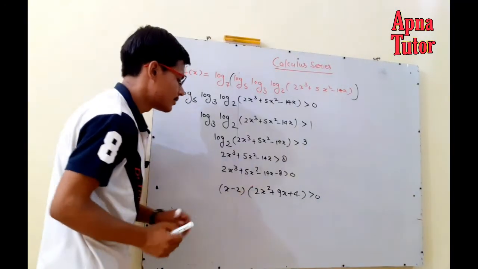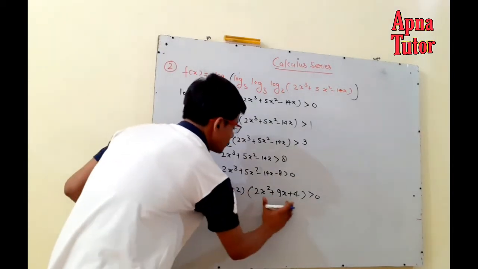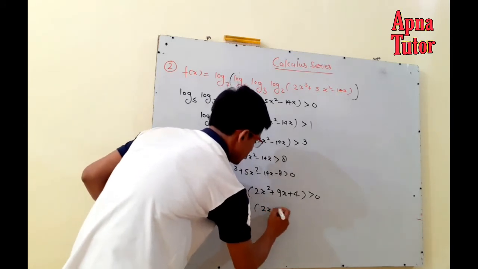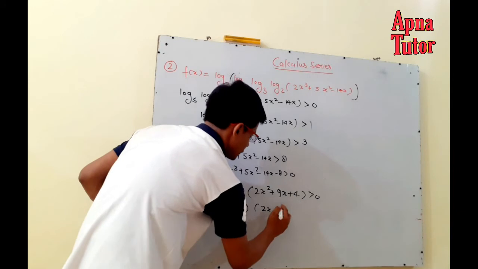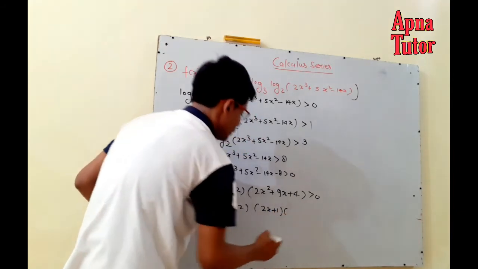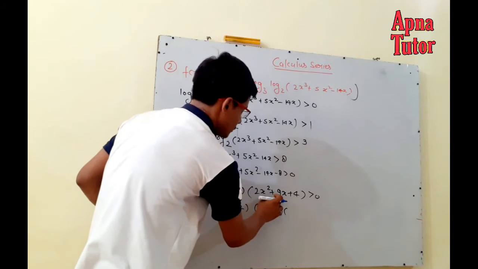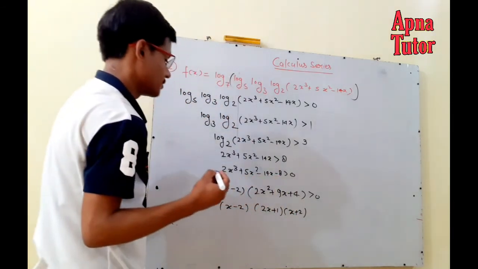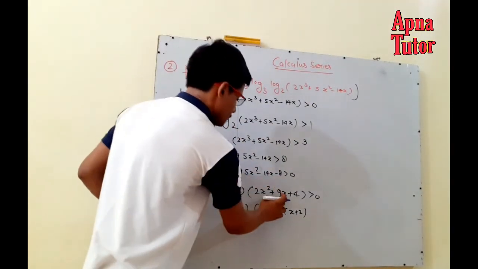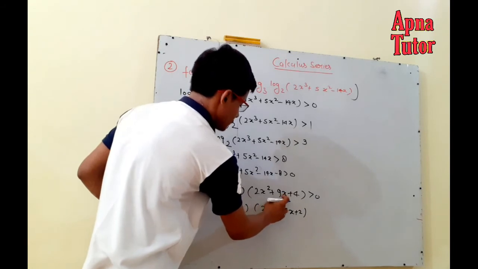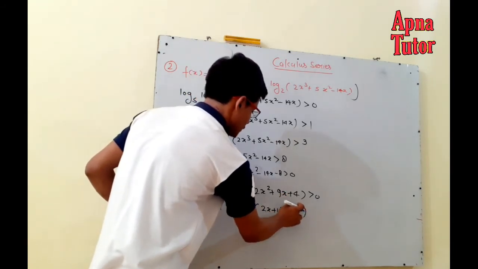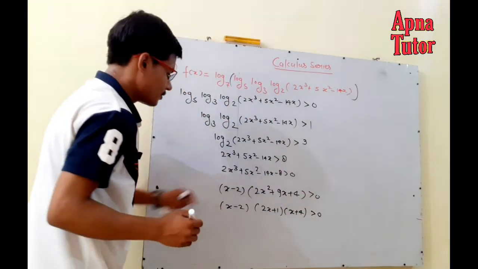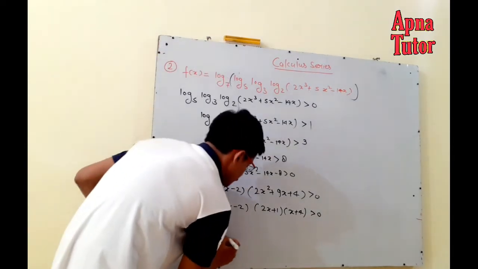So this will factorize as x minus 2, 2x plus 1, and x plus 4, which must be greater than 0. So you have to find the domain of these functions.